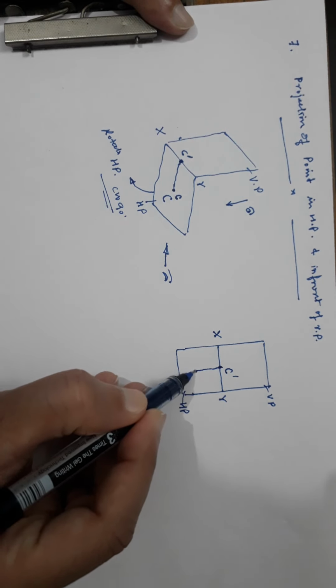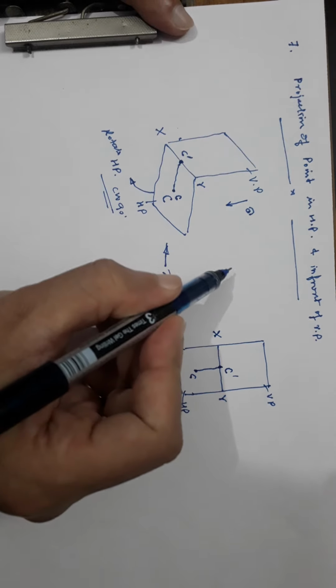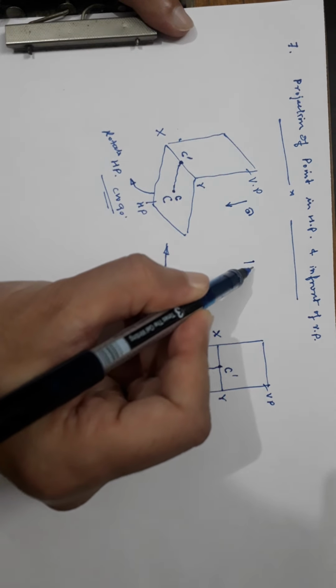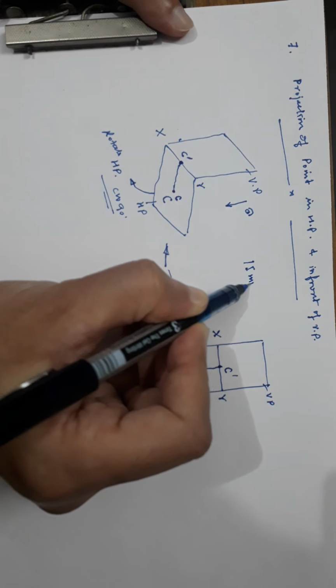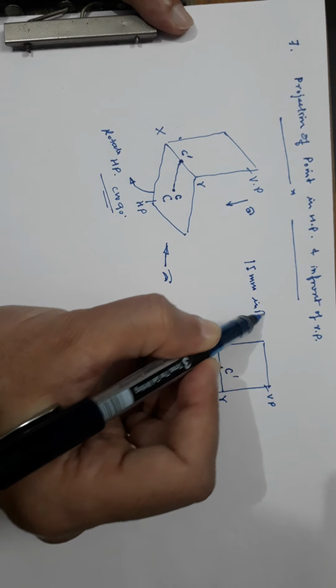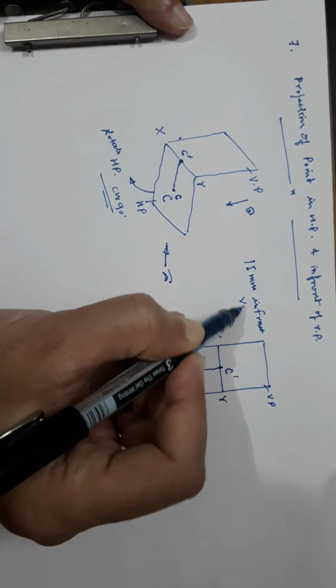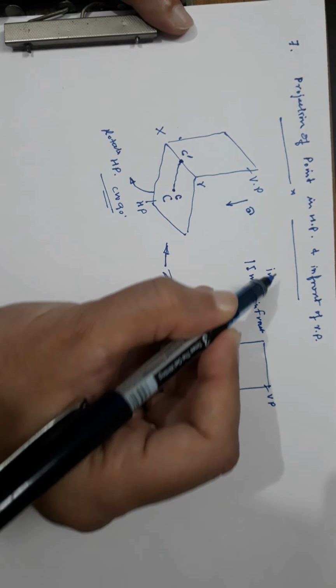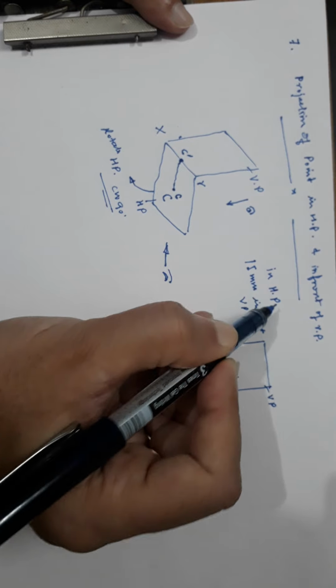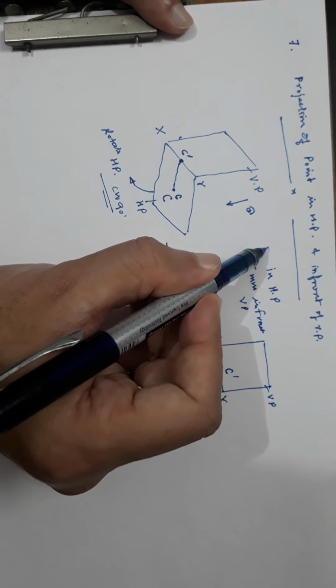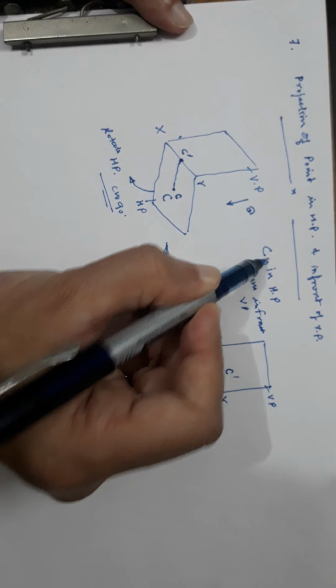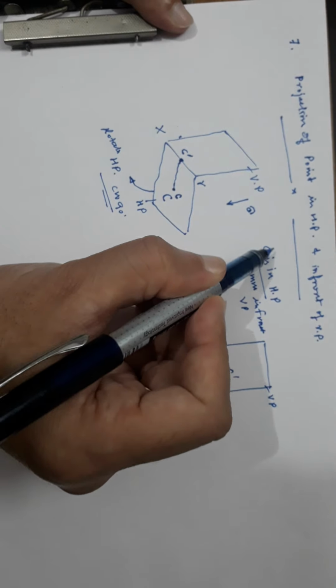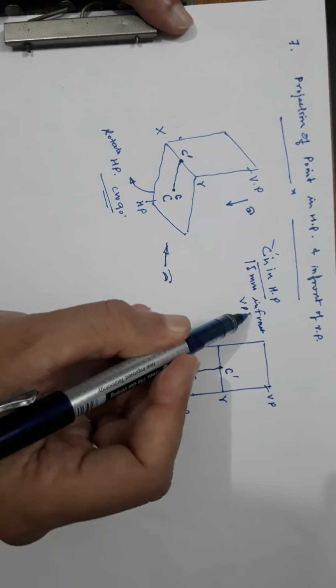Suppose this is 15 mm in front of VP, and it is inside HP. The point C is in HP and 15 mm in front of VP.